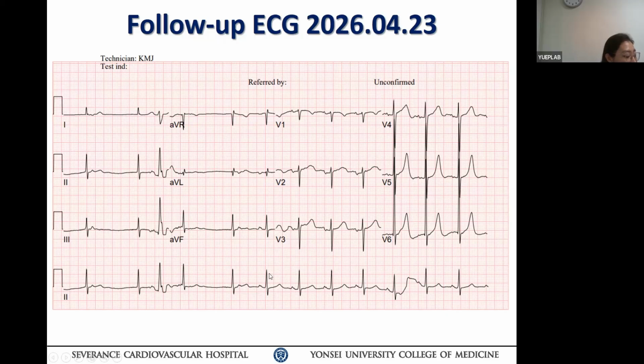Okay, question. See this PP interval, this and this, and this and this. It looks equal. So it may be possible. And if you see this ST segment here and ST segment here, there is a definite hump on this, which is not in other ST segments.